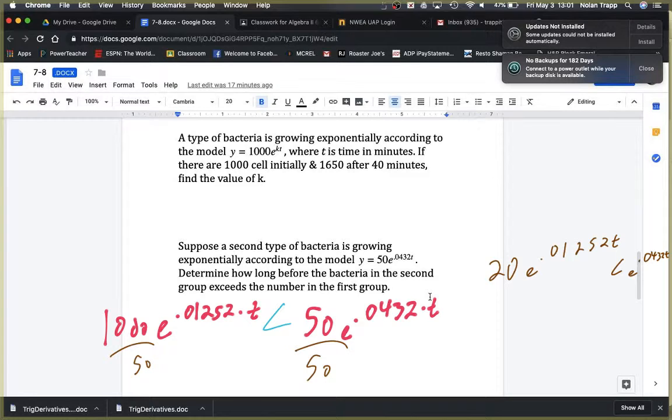Okay. Now what do we want to do? Well, only one thing we can do is put the natural log on here. And do remember I can split this into addition when I do natural log. Ooh. Might be hard to read. Let me make it a little bigger.